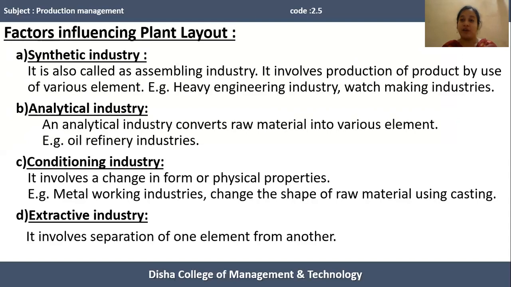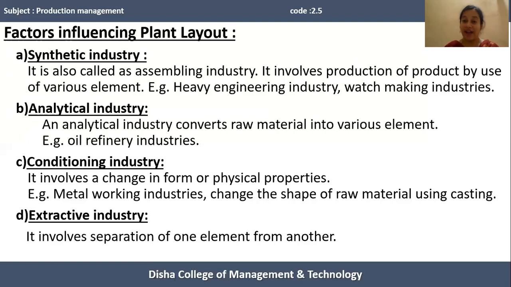Take the example of the iron sheet manufacturing industry or metal working industry. Generally, they change the shape of the particular material by using the casting process or the forging process. Take the example of Vizag steel plant, Bokaro steel plant. Generally, they are conditioning industries. They change the shape and size of iron ore and iron sheet.